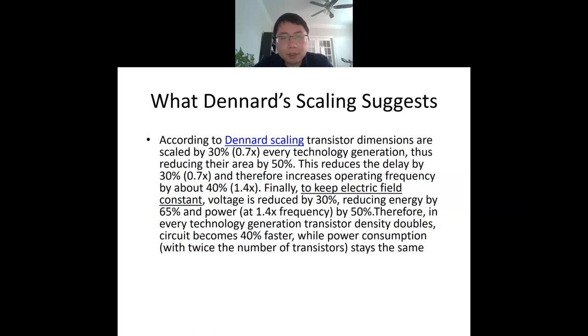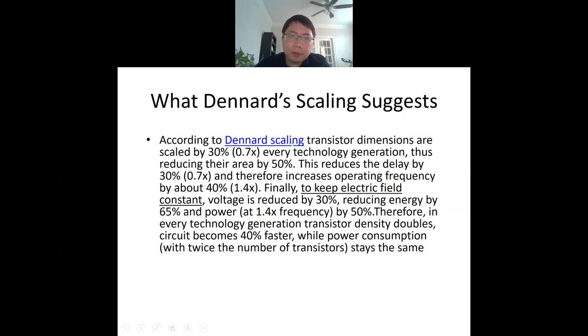Therefore, in every technology generation, the transistor density doubles, the circuit becomes 40% faster, while the total power consumption with twice the number of transistors on the chip will stay the same. So this is a statement, and we will discuss how we reach this conclusion in the following slides.